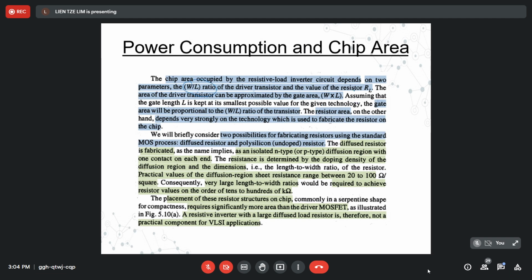The area occupied by the load resistor is determined by its resistance, so the higher the value, the larger the area it will occupy on the chip. Next, there is some technology that can help fabricate a smaller resistor as the load. I will mention this after the break.